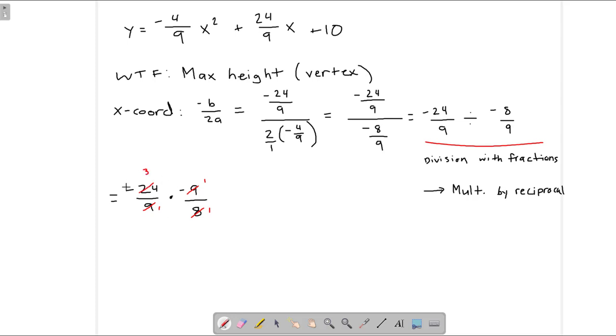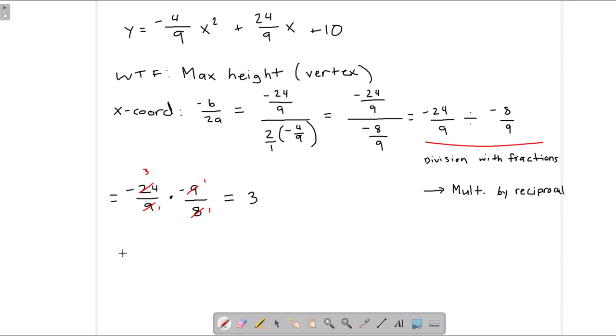And then keep your negative signs around too, so this is actually negative 3 and negative 1 here. And I'll have a negative times a negative, which makes it positive 3. Because everything else went to 1, right? Everything else canceled out. So I actually just have 3 here. So that's the x-coordinate of my vertex.